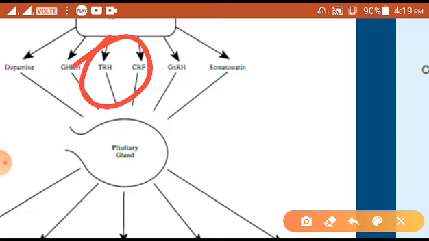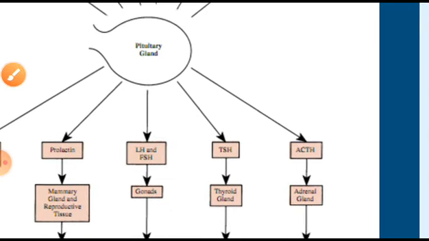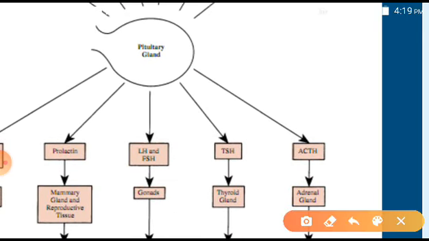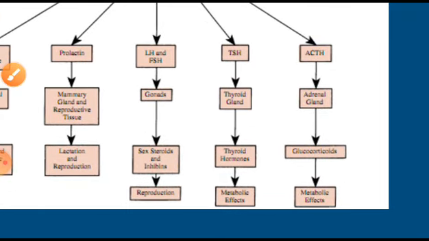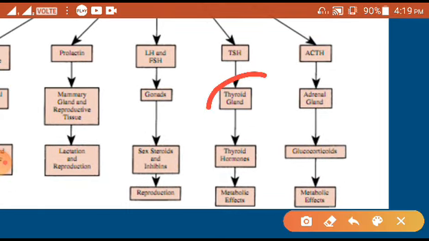This TRH is going to work on the pituitary gland, and then the pituitary gland will release the TSH, that is thyroid stimulating hormone. And after this TSH, the thyroid gland receives the TSH, and then it starts releasing the thyroid hormones.